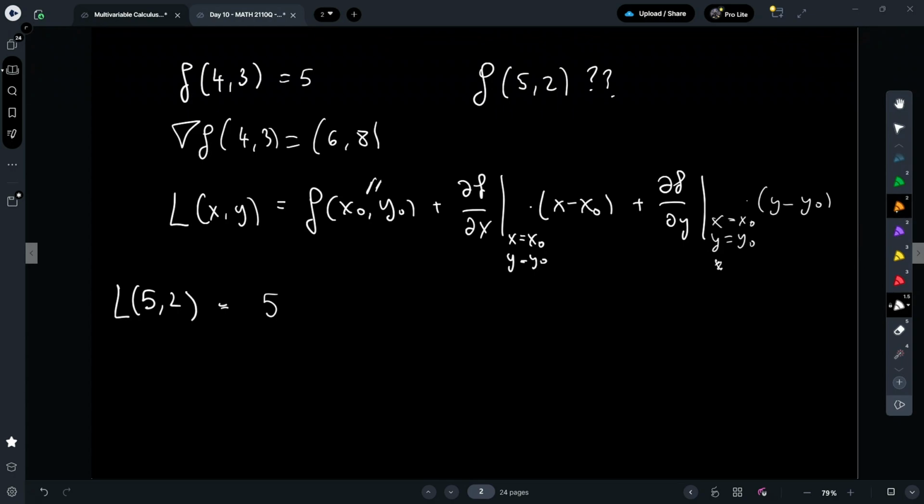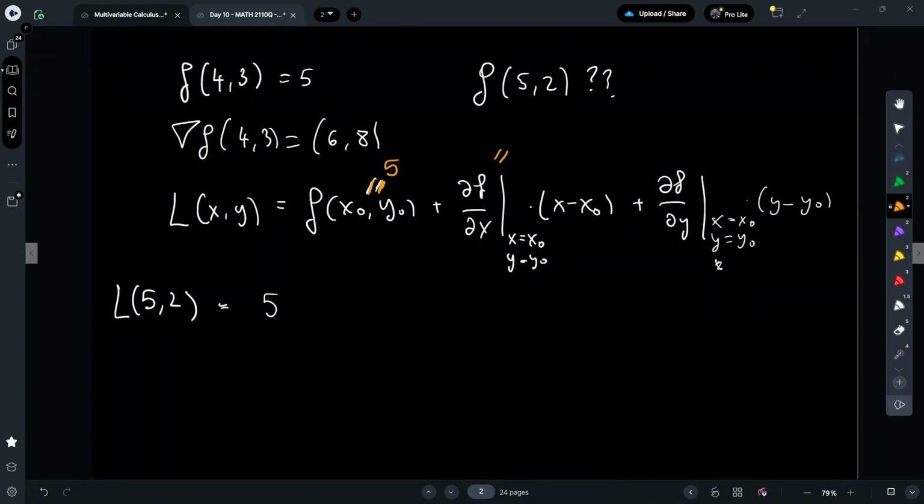This is 5, right? Do you know what the derivative is with respect to x at that point, at 4, 3? 6. Why is it 6? Where is it given?